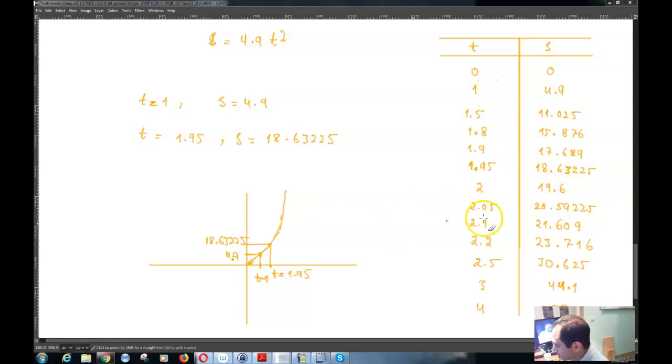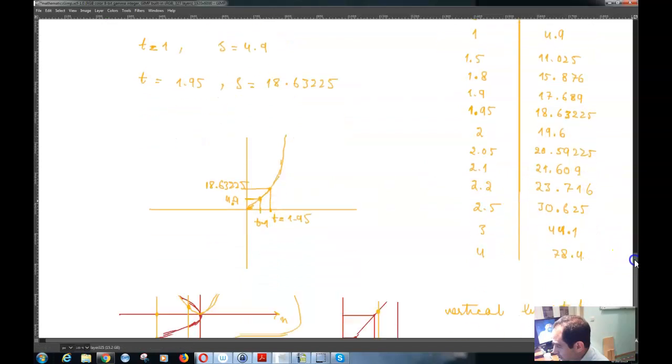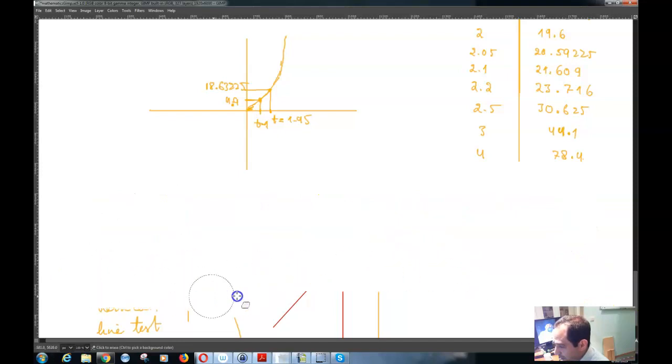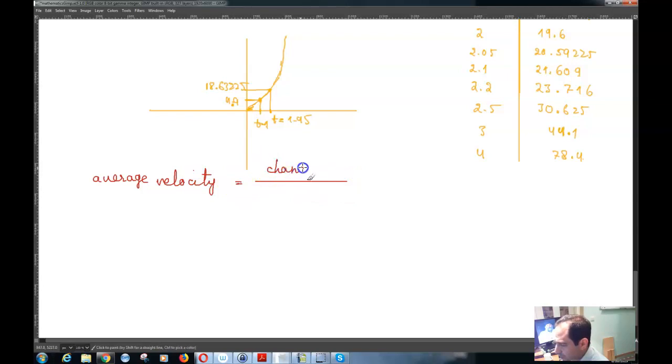Now, in order to find the average velocity of that object between these 2 points, what I can do is, we said that the average velocity, as a definition, is the change in distance over change in time.